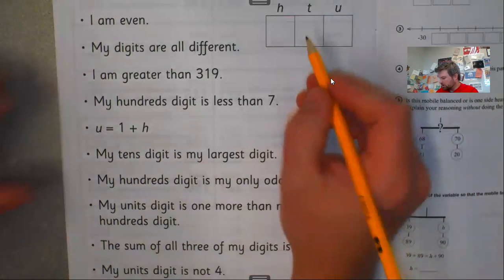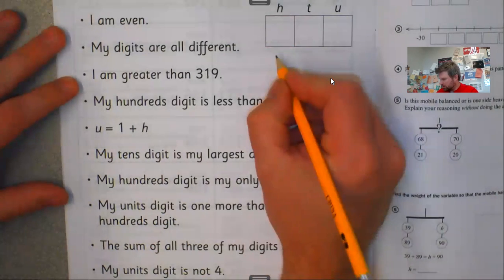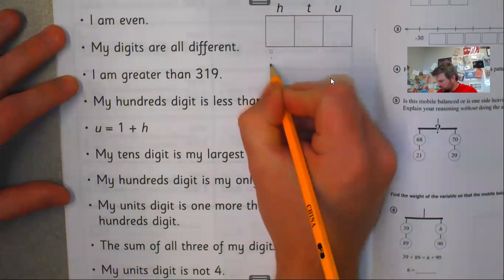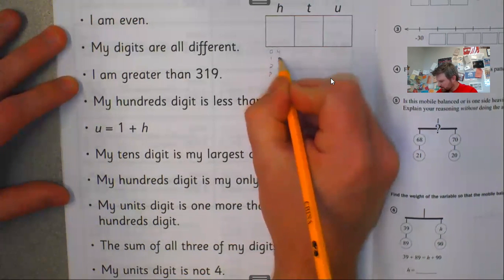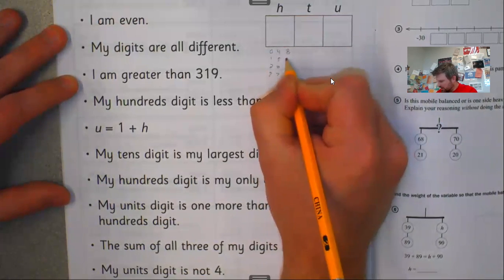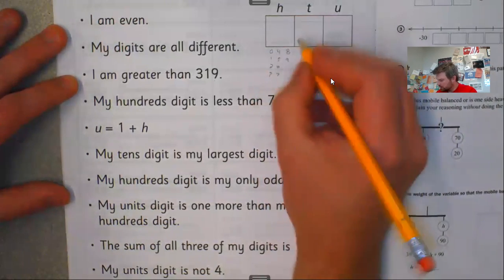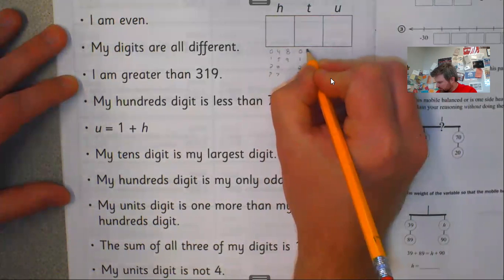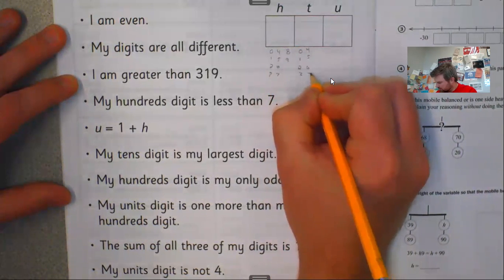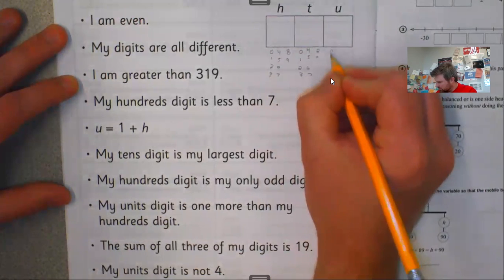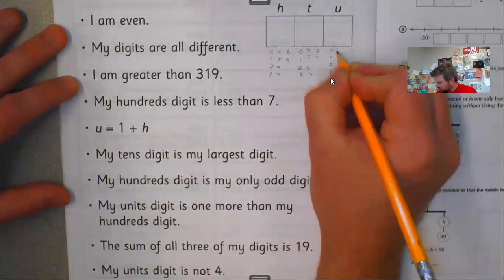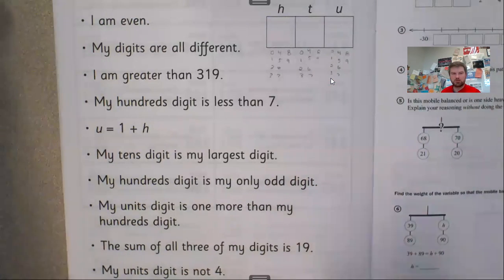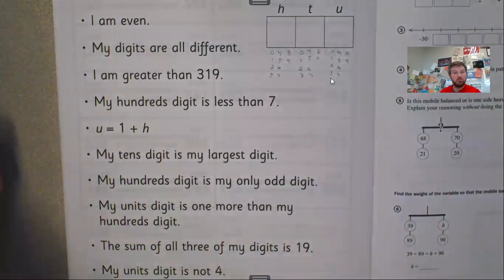So we know that each number in here can be 0 through 9. So if we list them out, 0, 1, 2, 3, 4, 5, 6, 7, 8, 9, and if we list them out on each one, then we can go through and maybe cross out some that may not work.